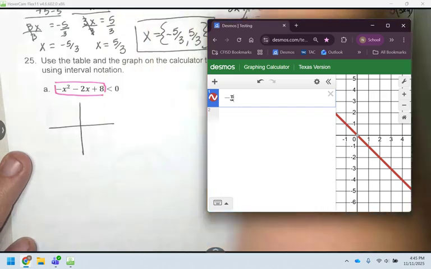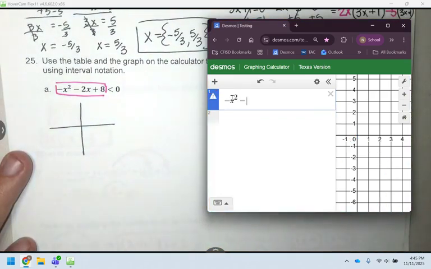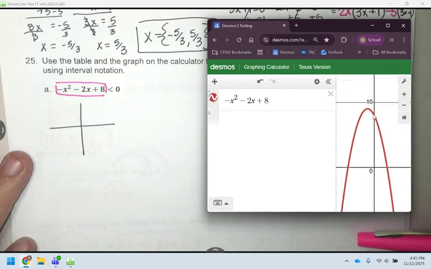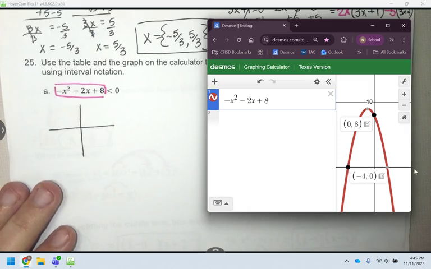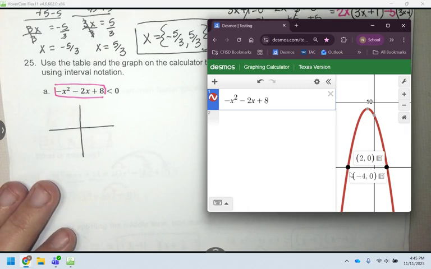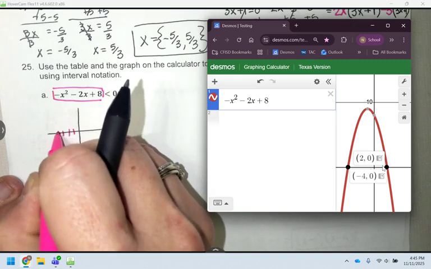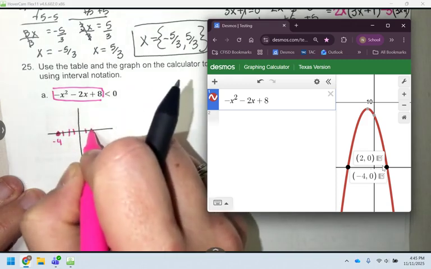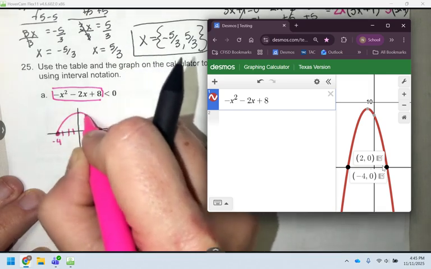Negative x squared minus 2x plus 8. So it crosses at 0, 8, here and here. Really, we just need these. So negative 4 and 2.